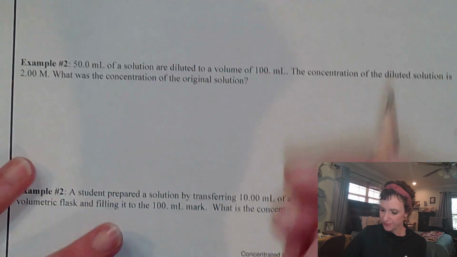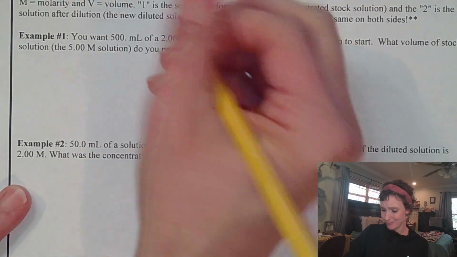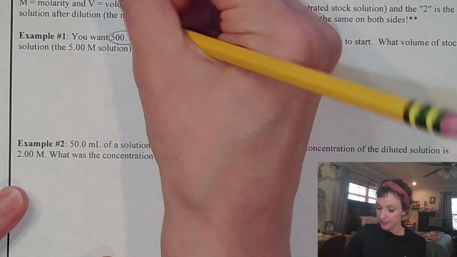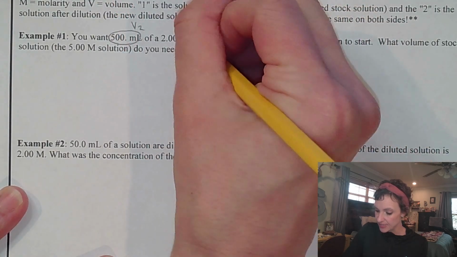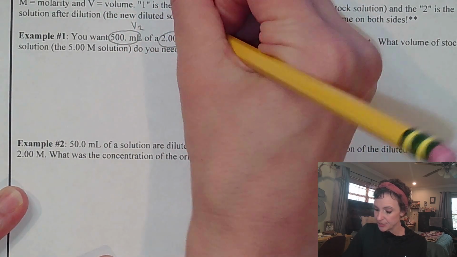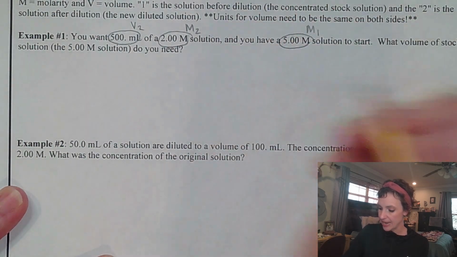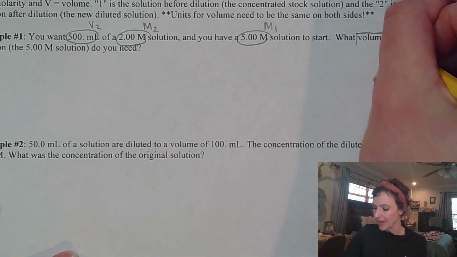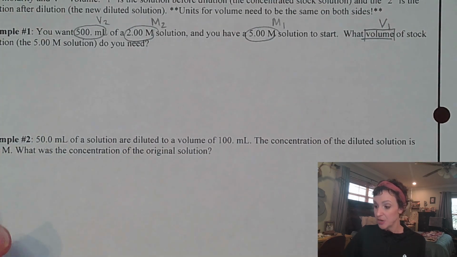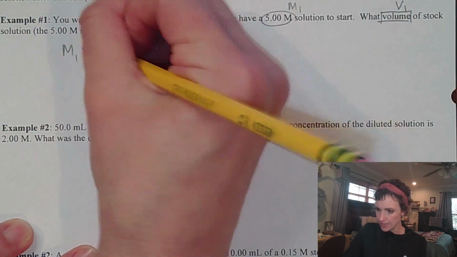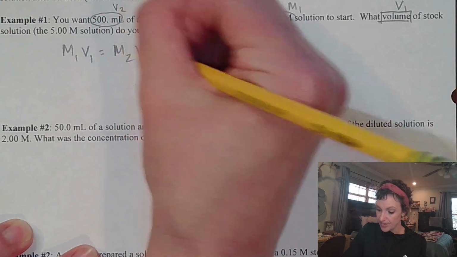As we saw on the slide before, this 500 milliliters was my V2. This 2 molar was my M2. This 5 molar was my M1, and I am solving for my V1, right? So my equation is going to be M1 V1 is equal to M2 V2.